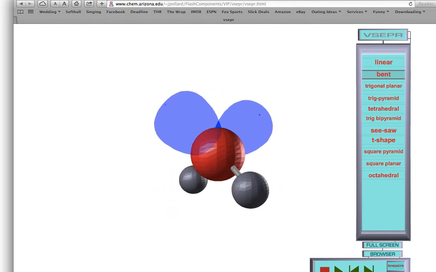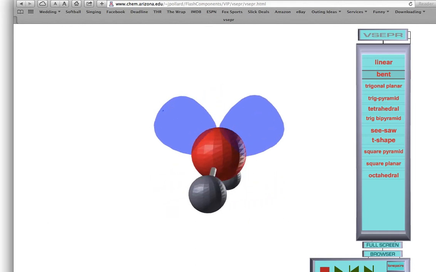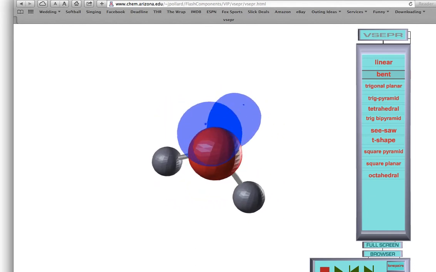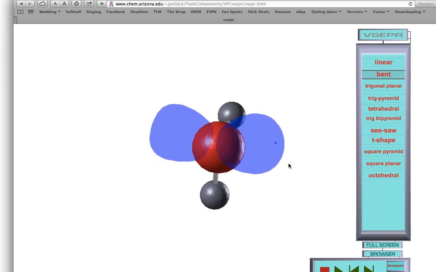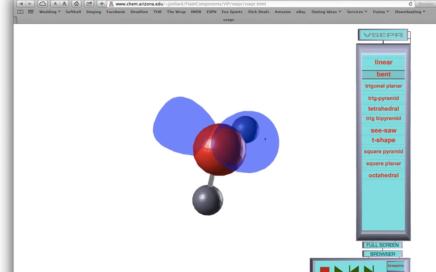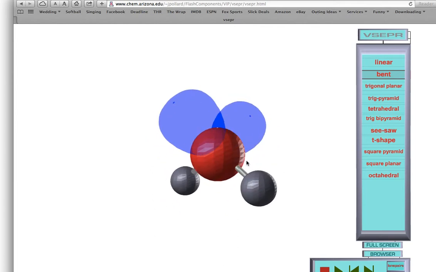Now, for the electron geometry of this shape, if we consider these blue electron clouds, the lone pairs, to be bonding atoms, this is tetrahedral because you've got 4 things coming off of the central atom: 1, 2, 3, 4. So the electron geometry of H2S would be tetrahedral.